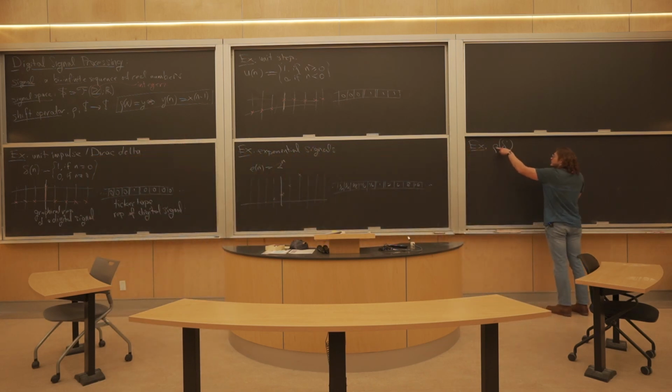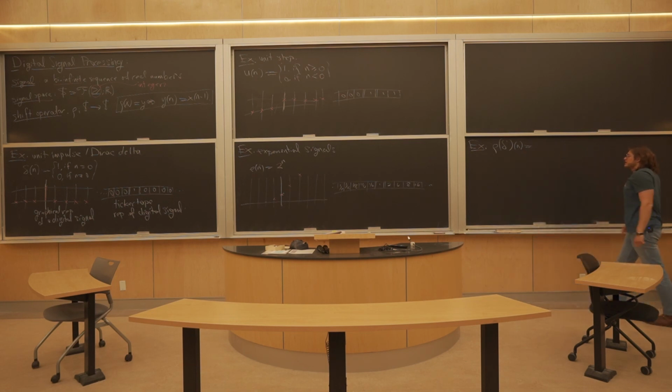So that's rho, the right shift of the delta signal at time n, according to that formula over there, is equal to delta of n minus 1. Okay? Now, delta of whatever, we know what it is, and so I can just write it like this. So it's either 1 or 0, depending on the argument.